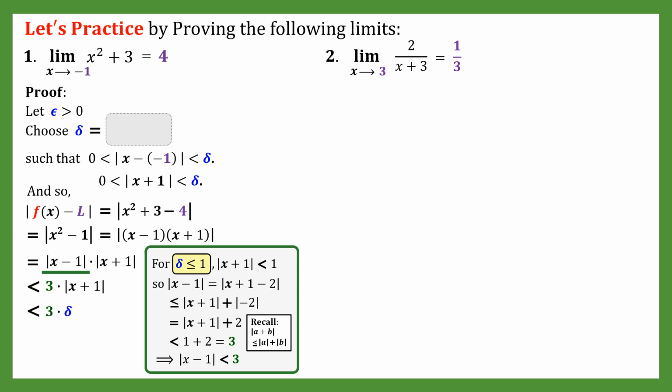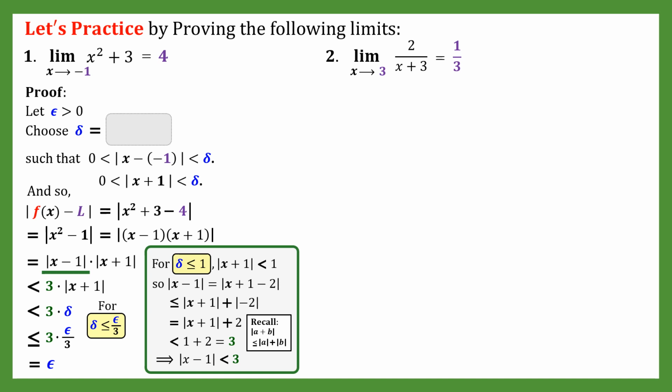With this product in mind, consider the additional restriction. For delta less than or equal to epsilon divided by 3, our product is less than or equal to 3 times epsilon divided by 3, which equals epsilon.